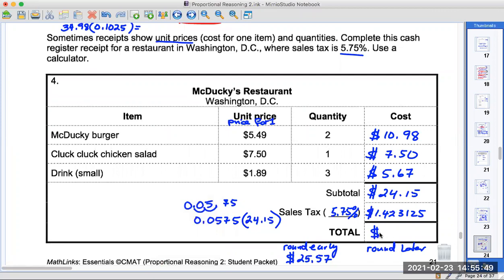It's still going to be $25.57, and this number is still a 3, so it's still rounding down. So that's a good question. Does it matter if I round? I'd like to know how they do that. So it's still $25.57.